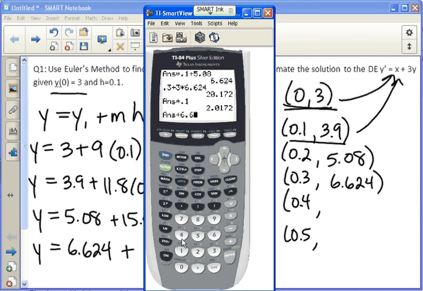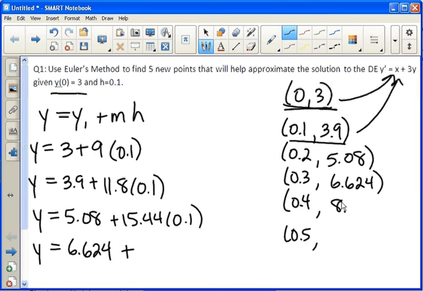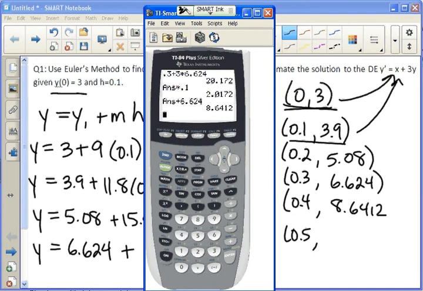Get our new y value. Alright, so 8.6412. I'm going to go ahead and fill in the rest of that step just so it's all written up here. You can always pause and look at the work again if you need to. See, 20.172 was the slope.